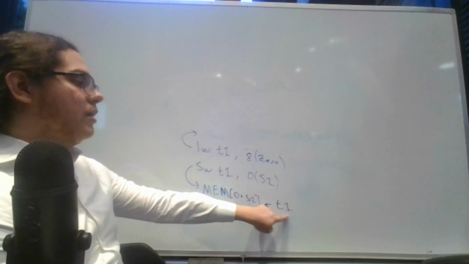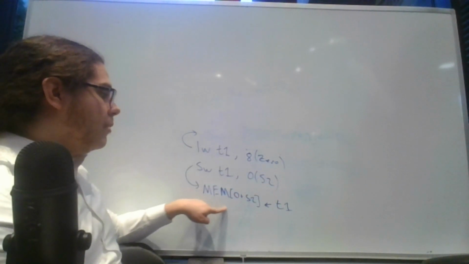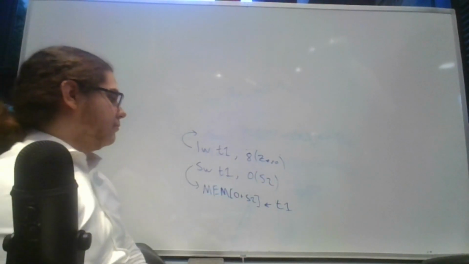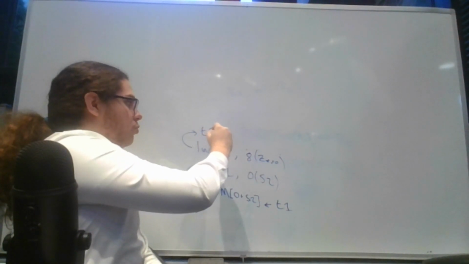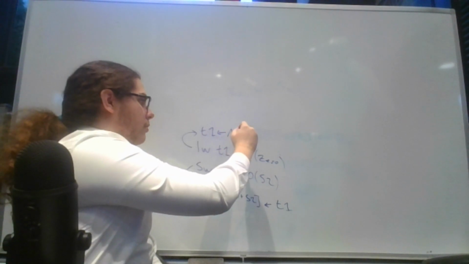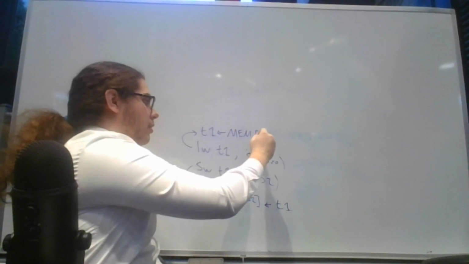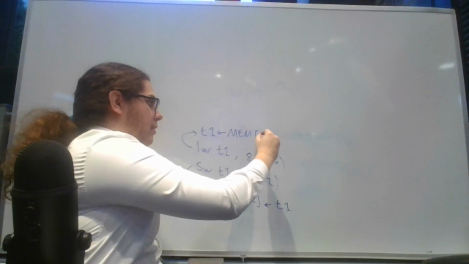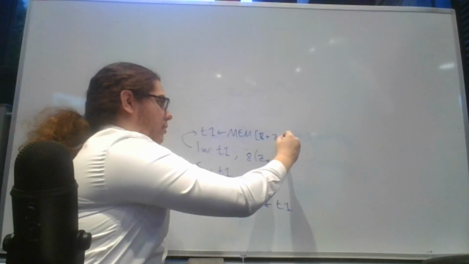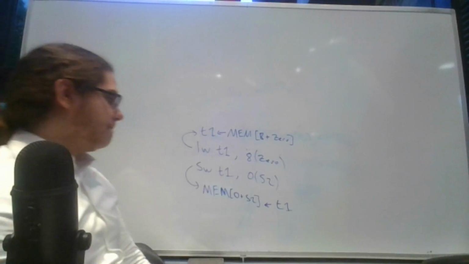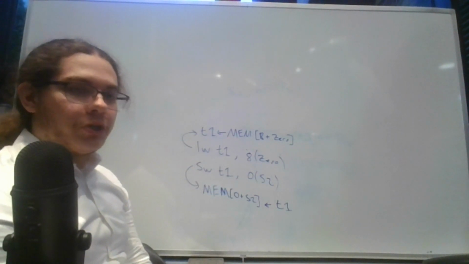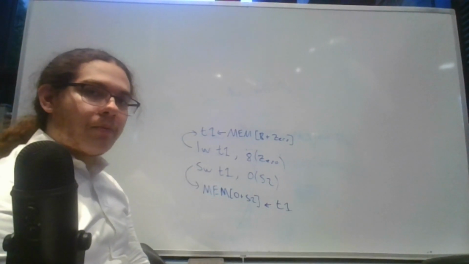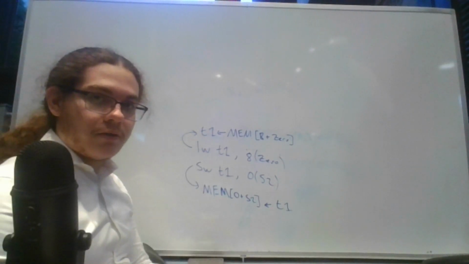So literally whatever is in t1 is going to be written to the memory at this address. And load word is just you swap the order of the two. t1 is going to receive the value of memory at, in this case, 8 plus the 0 register. So all you're doing is swapping the two. That's the main difference between the two. You're either writing to memory or reading from memory, or writing to the register or reading from the register.